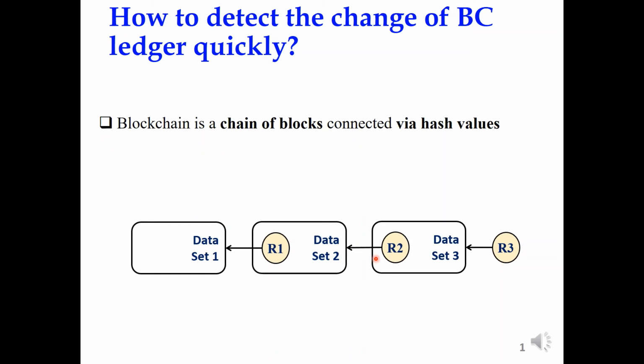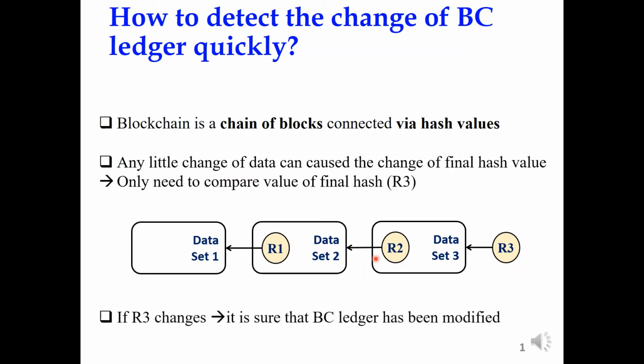By doing this, you see that a little change of data can cause the change of the final hash value R3. For example, if there is some modification in dataset 1, it will change R1. A change in R1 means R2 will change, and a change in R2 means R3 will change, right?